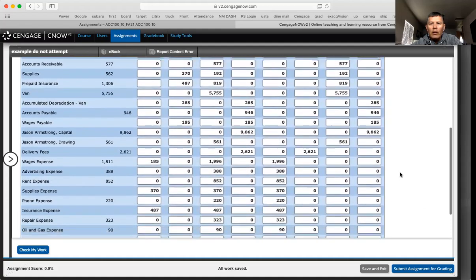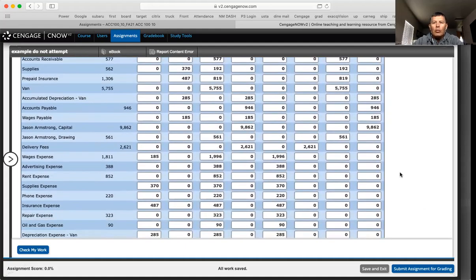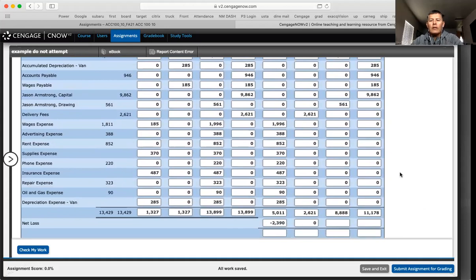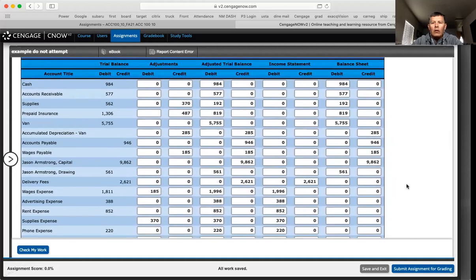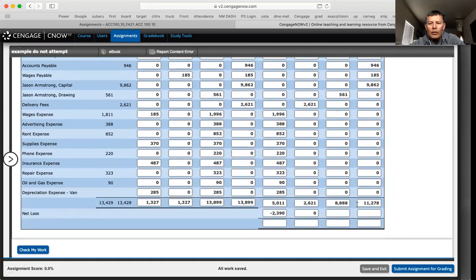Let me add the credit now. 285 plus 946 plus 185 plus 9862, 11,170. No, hang on, 278. Notice there was a difference. I've got to double check that again. 285 plus 946 plus 185 plus 9862 equals 11,278. So notice there's a difference there.